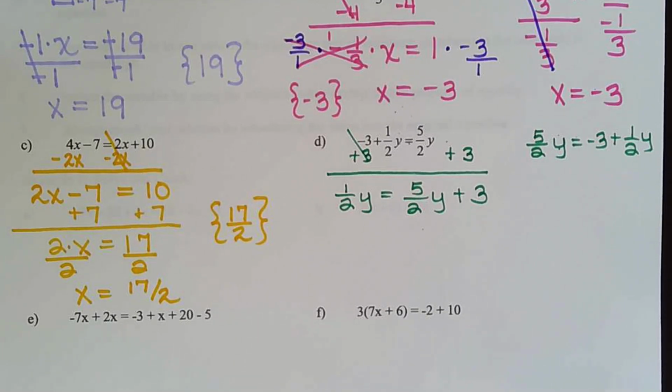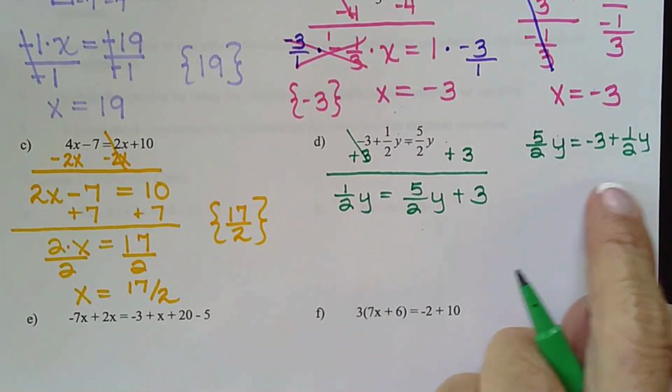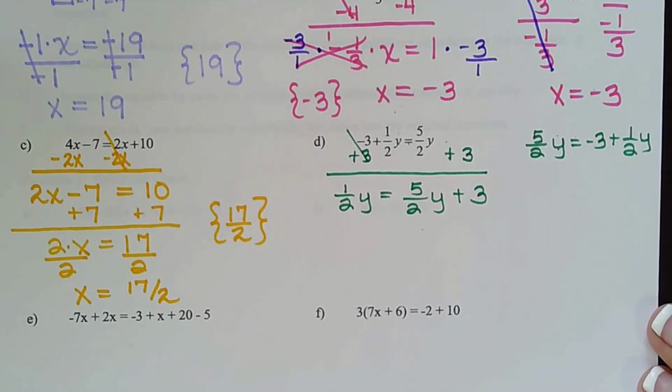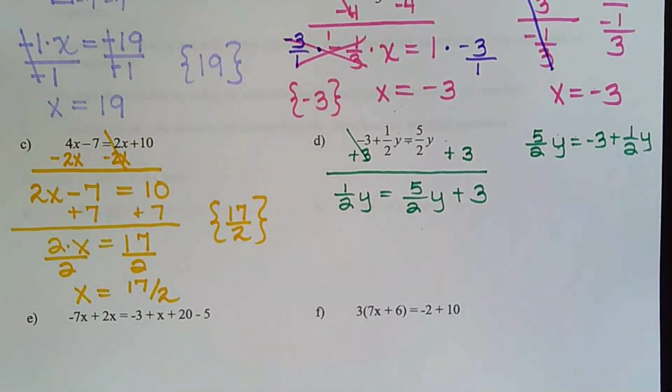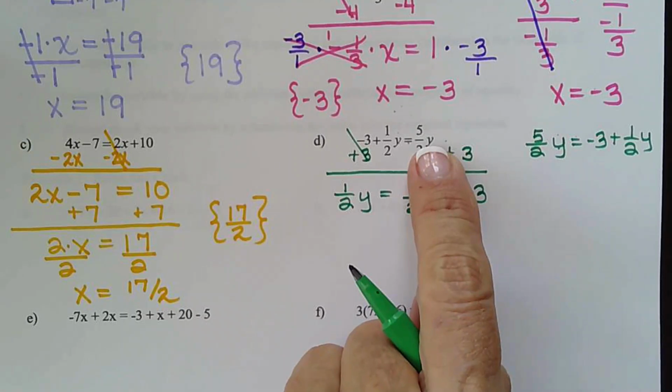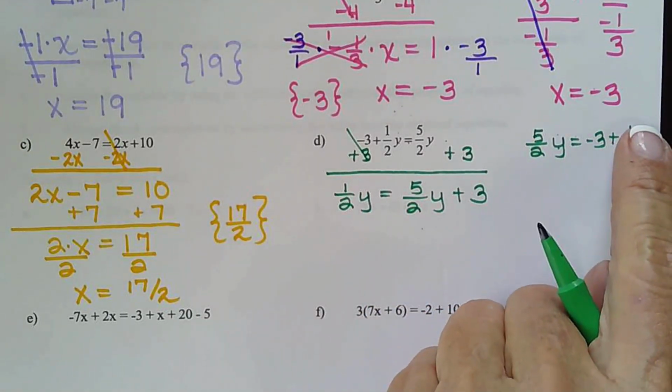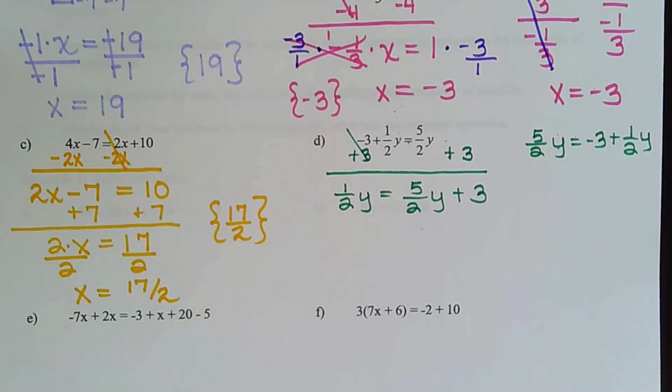But that to me would be the magical first step, because then you just have a one-step problem. Move the 1/2 y over. So just FYI, 2 different ways to do this. Doesn't matter which one. Add your constant first, or just flip the equation at the beginning when you see that's going to be a blank, and then your only step is to get that 1/2 y over.